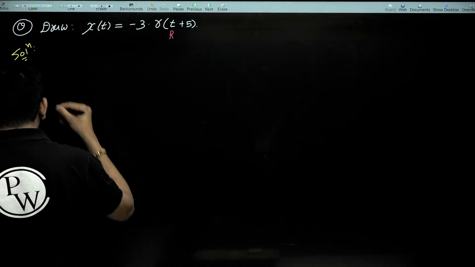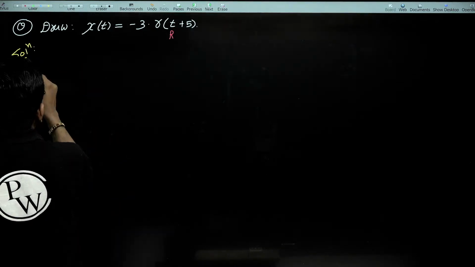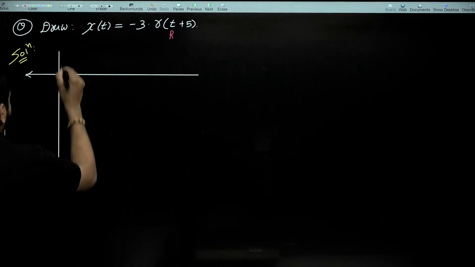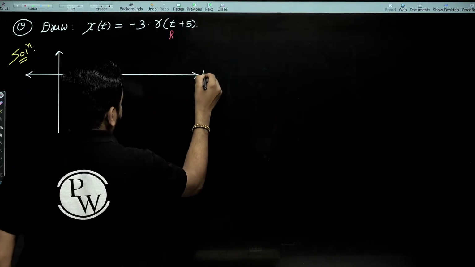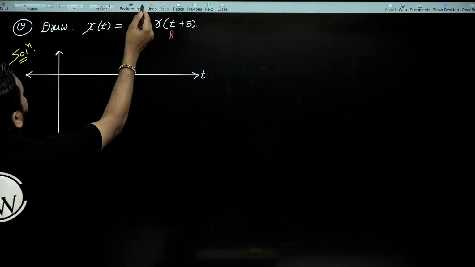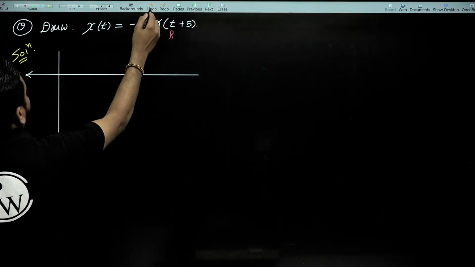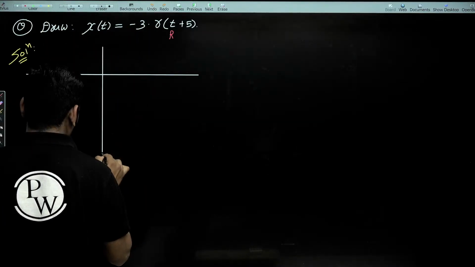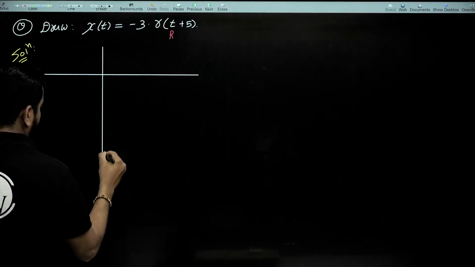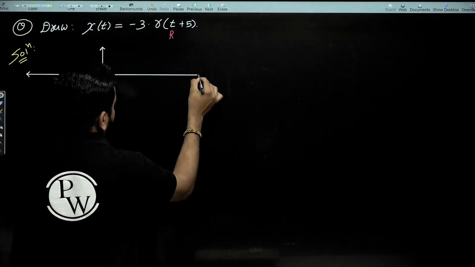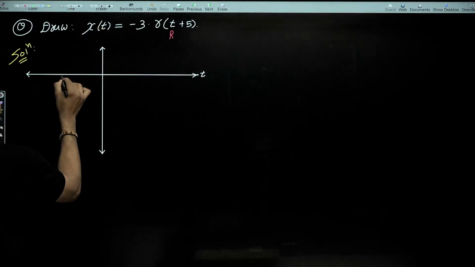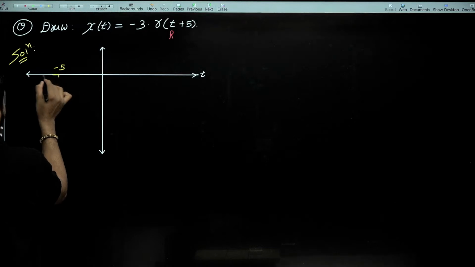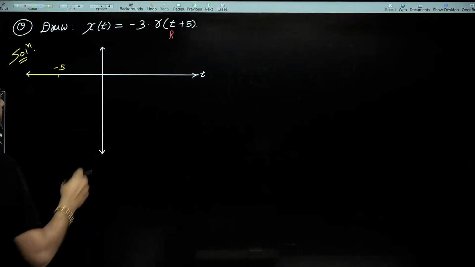So how to draw this one? So here you can see, start from minus 5, right sided signal, so less than minus 5 amplitude is 0, and greater than minus 5, now increasing or decreasing?